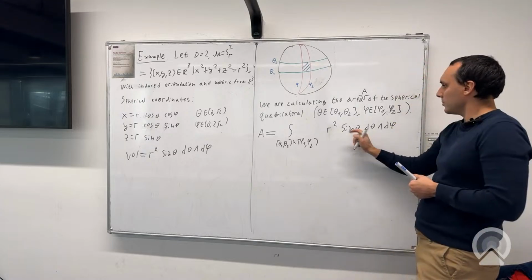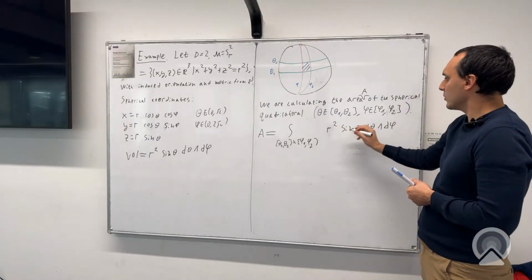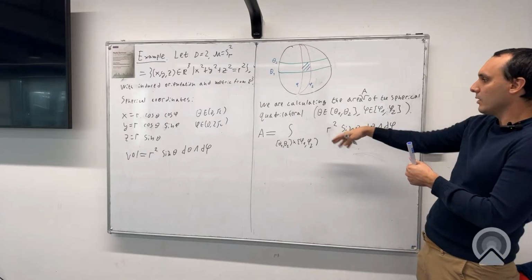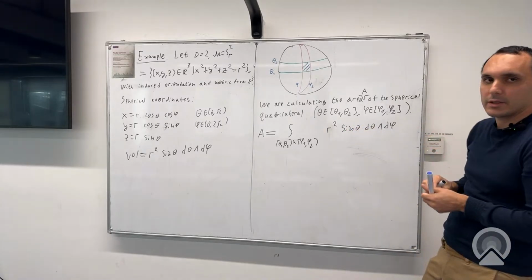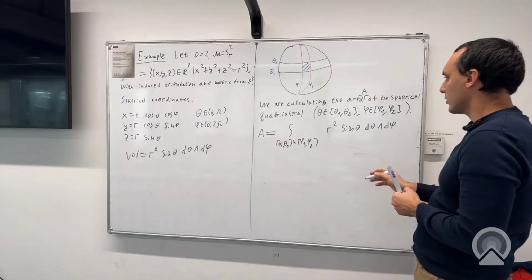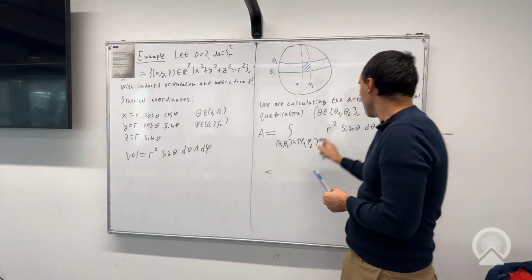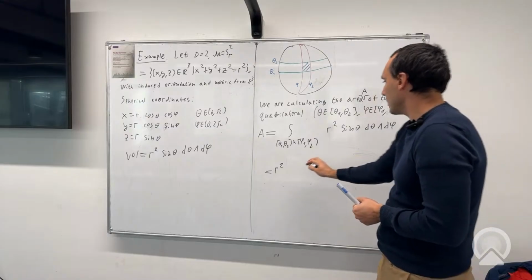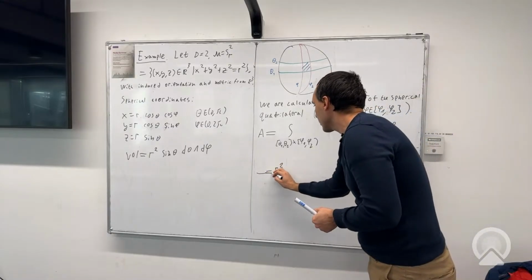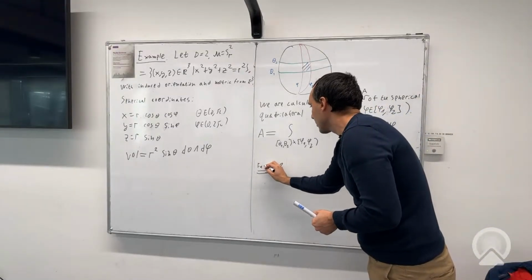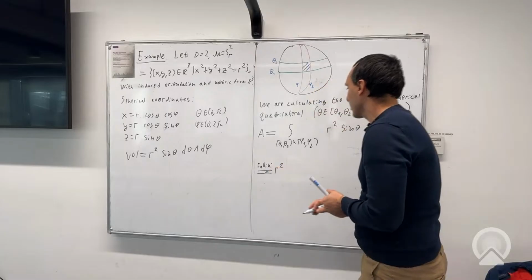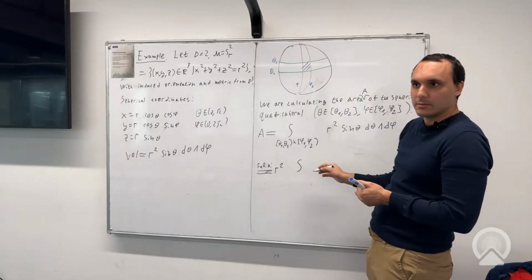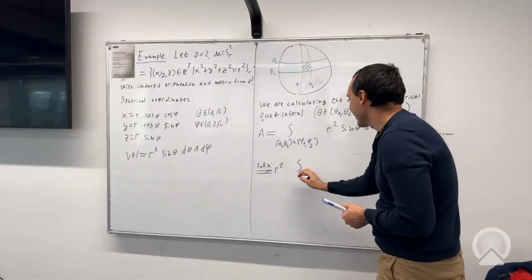I didn't explain that previously, but we can use Fubini's theorem. Integral over a rectangle can be separated into a product of two integrals. And first of all, r squared goes outside, and here we are using Fubini. You know Fubini's theorem? Okay.